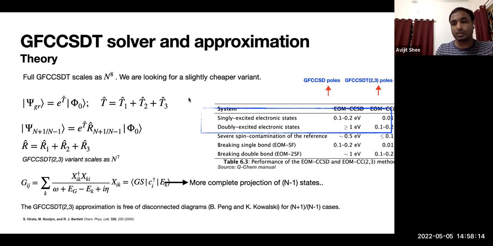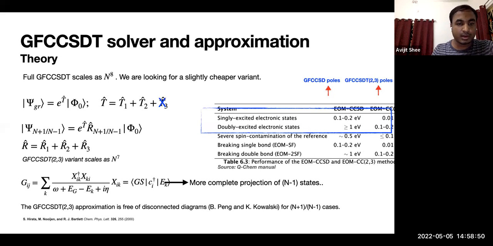And so what we have done is that we have implemented this exact solver, and also an approximate version of it, which merely scales as N to the 7. So for the full version, the ground state parameterization is given by this, where for the T amplitude we have used singles, doubles, and triples truncation, and for the n+1 and n-1 as well.